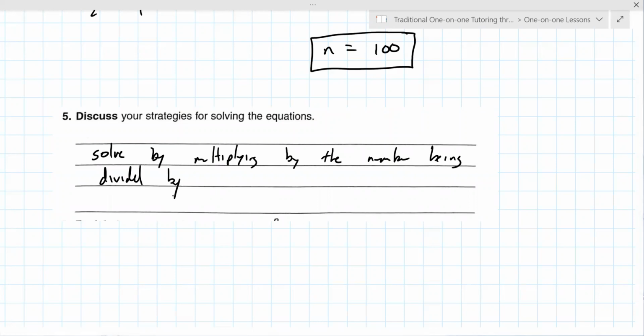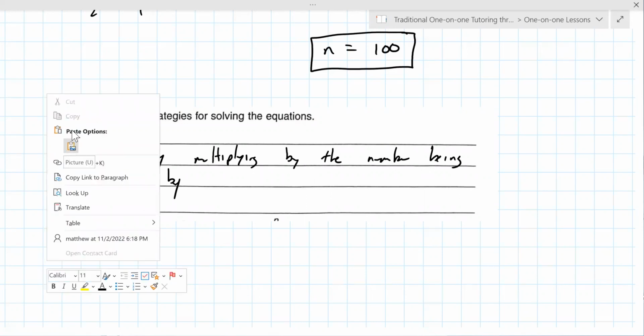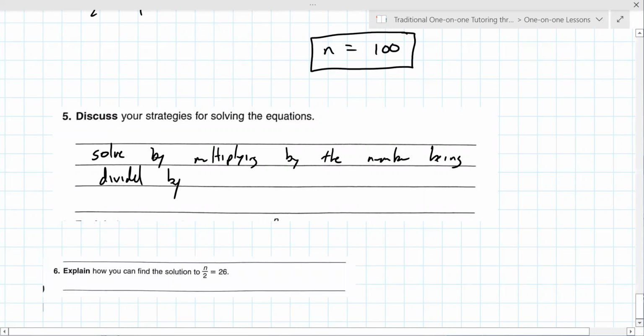What number do you multiply by? It's the number that's on the bottom. Explain how you find the solution.